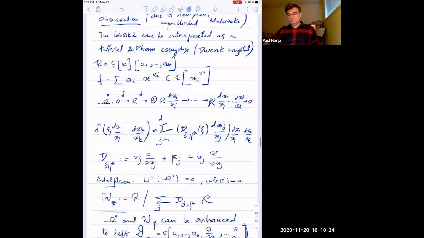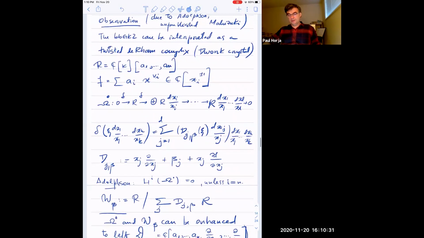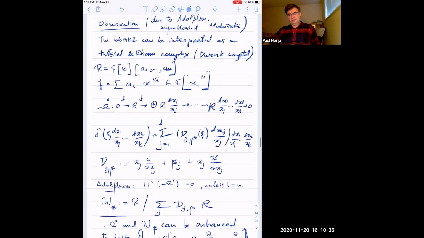Let me just quickly mention this point of view, because it might also be useful, although I haven't worked this out. This is due, I think, to Adelson, although he didn't publish, and there are a few papers by Mochizuki who uses this quite a bit.